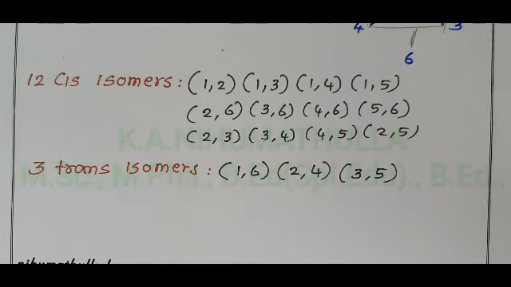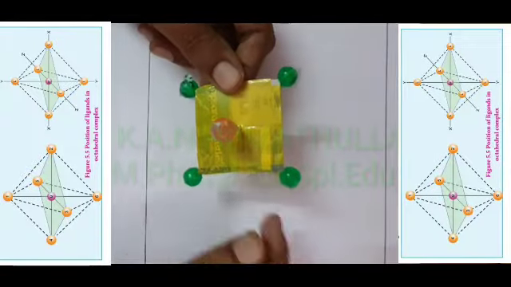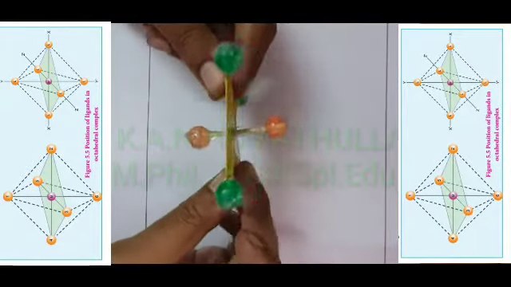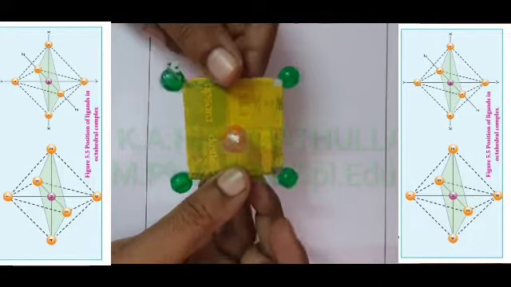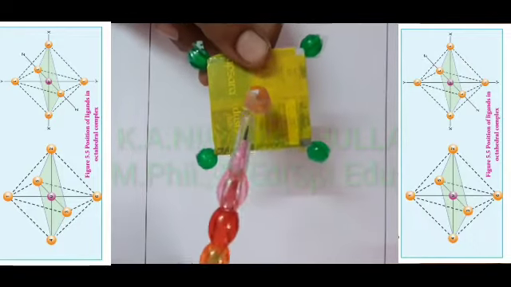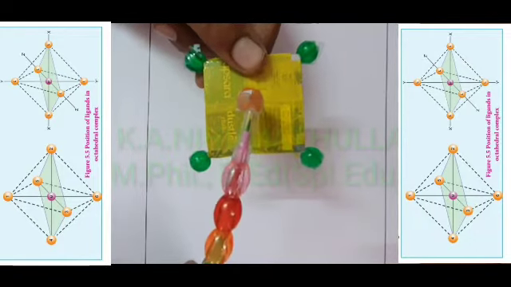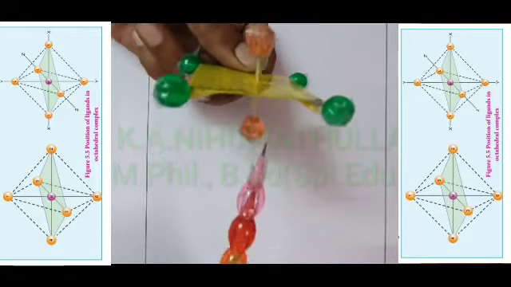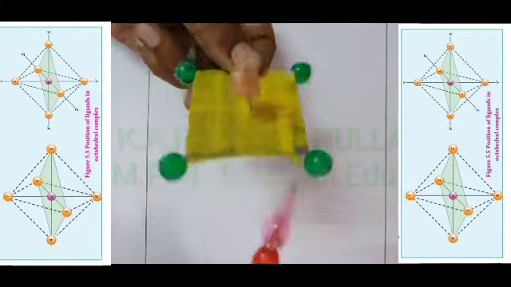Now we are going to write the examples of octahedral complexes. Before that, I will show a model of an octahedral complex. See this model. This ligand, the first ligand, is above the plane, and here you have one ligand below the plane.